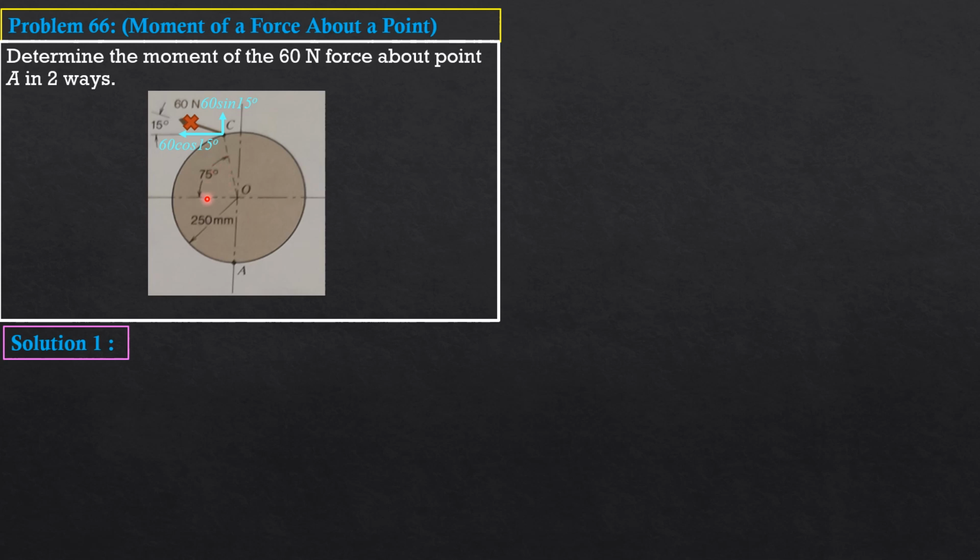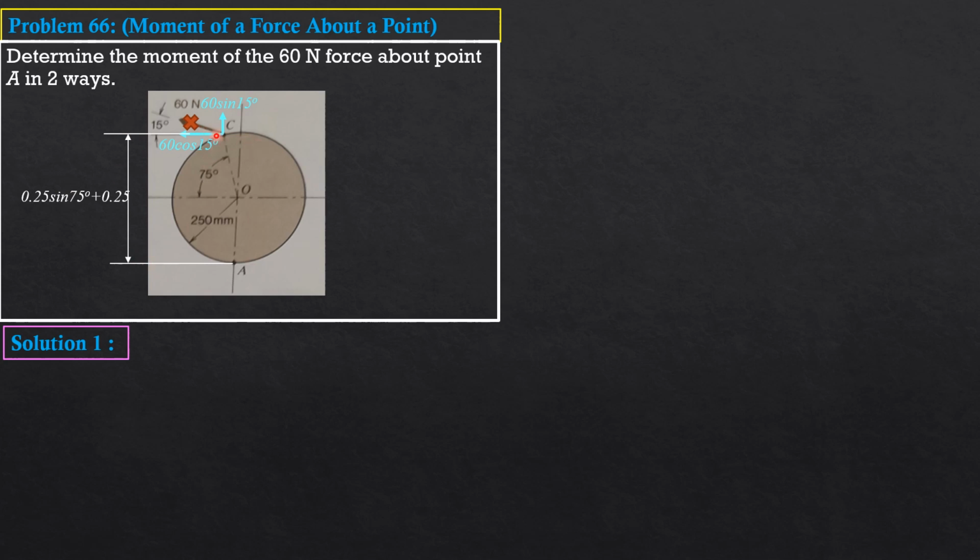Because this is 75 degrees, the vertical distance from A to C is radius 0.25 sine 75 plus another radius because A is the lowest. So this is 0.25 sine 75 degrees plus 0.25 in meters.